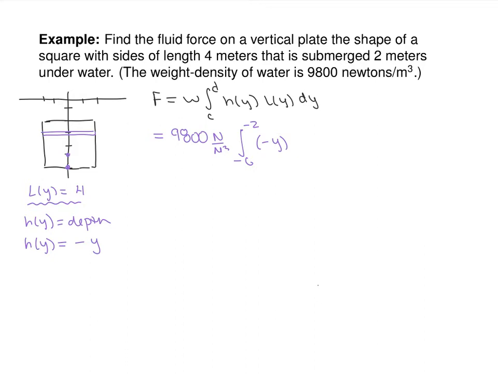That would have units meters, just to keep track. L of y, that's 4, also meters, dy. When we integrate, we're going to make this into meters cubed. So that's 9,800 times the integral of -4y dy from -6 to -2.